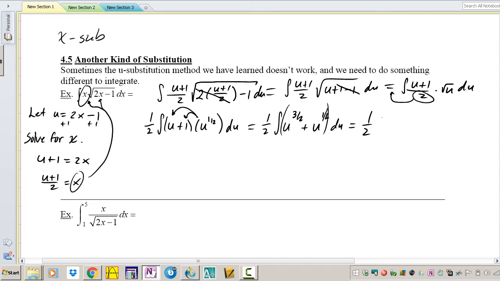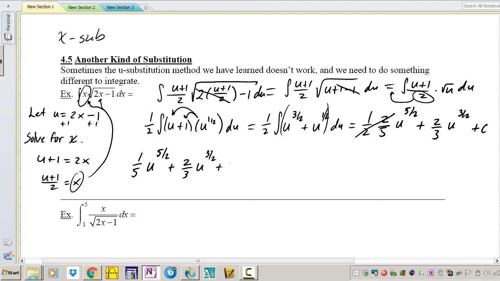The integral of u to the 3/2 becomes u to the 5/2, multiplied by its reciprocal 2/5. Plus the integral of u to the 1/2 is u to the 3/2, times 2/3. And since we're integrating indefinitely, it's plus C. Cross out the 2s, and this becomes 1/5 u to the 5/2 plus 2/3 u to the 3/2 plus C.